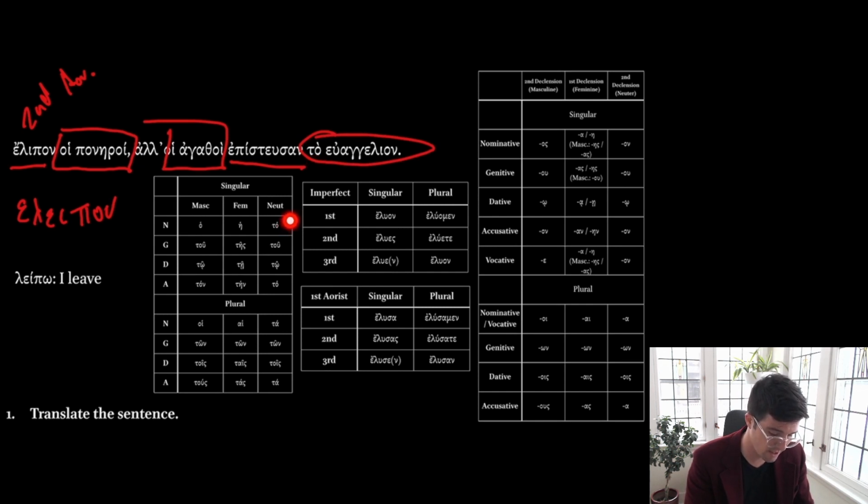So this to could, by its form, be a neuter nominative singular, or it could be a neuter accusative. But because we already have a subject, we know that it's going to be an accusative. It's going to be the object of the verb they believed. And then right here we have this conjunction that indicates contrast. In English, the word but. So to put it all together, our first clause is the evil ones left, but the good ones believed the gospel.